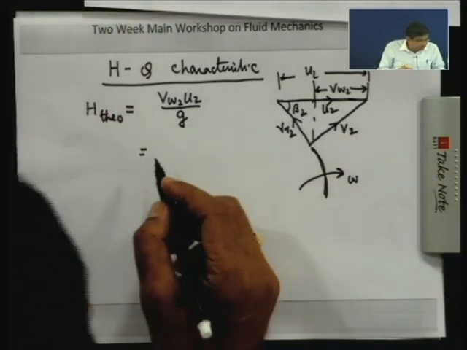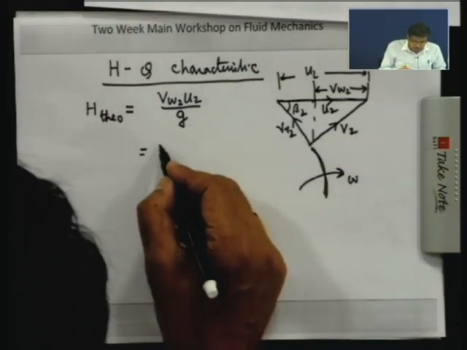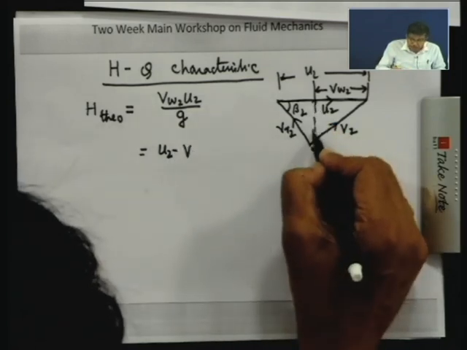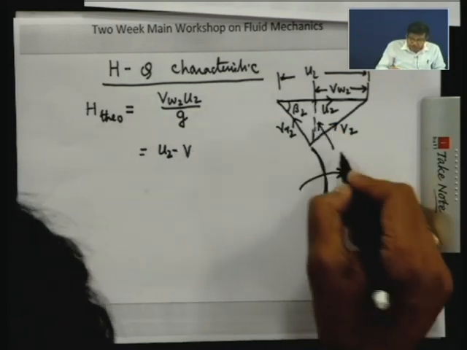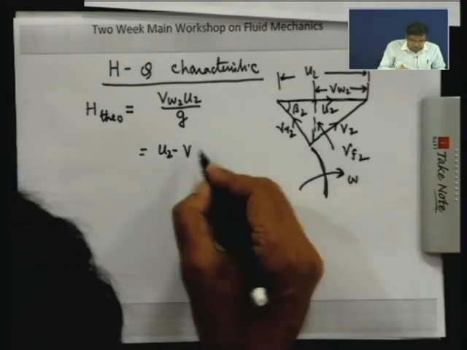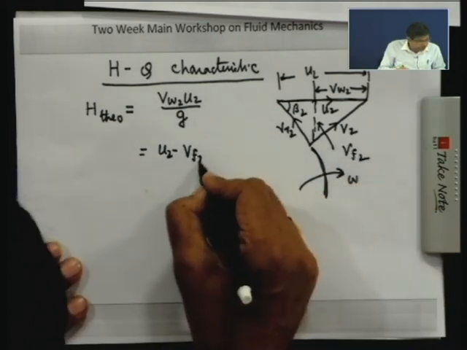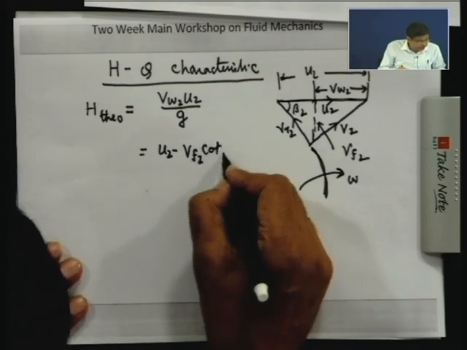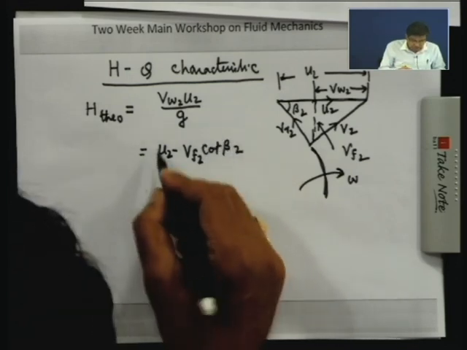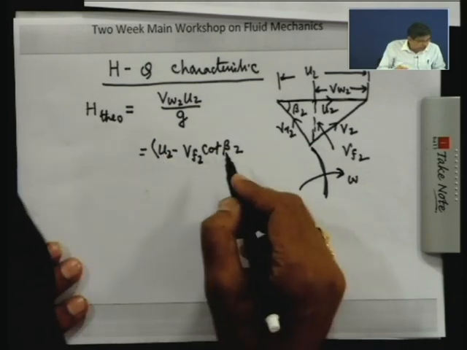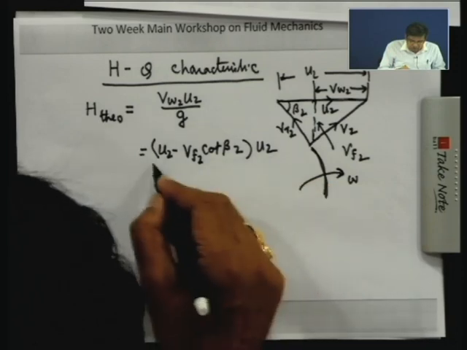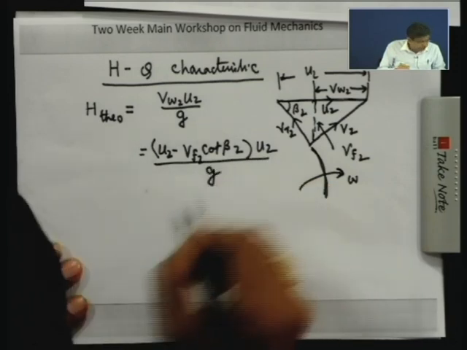So this is written as U2 minus VF2 cot beta 2, VW2 into U2 divided by g.